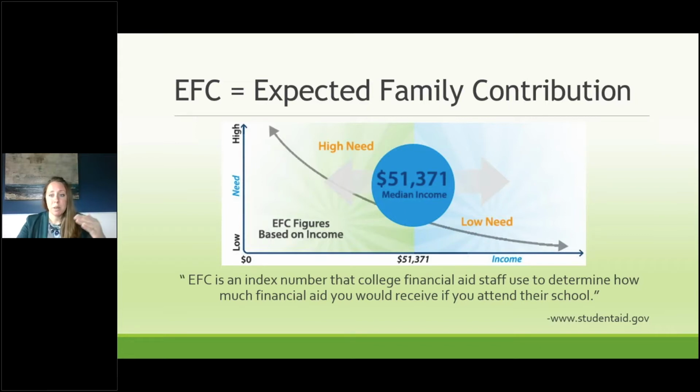As need goes up, EFC goes down because they're expected to contribute less. As students and families perhaps have more money going on in their family, they are going to be lower need, so their EFC is going to rise. Their expected family contribution is going to be larger. So the EFC is that number that's coming right from the government.